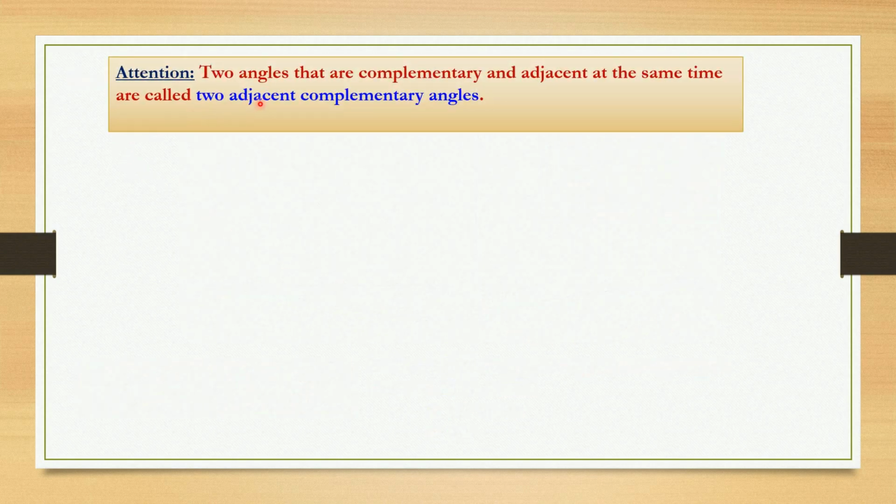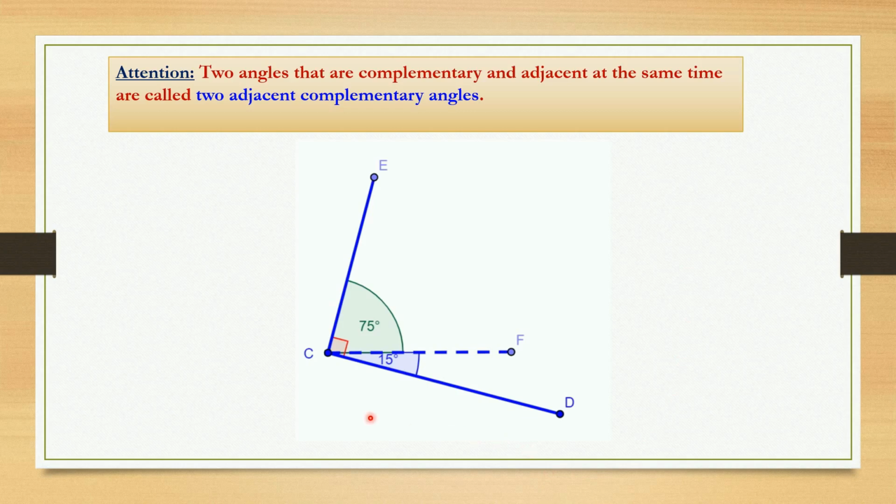Attention! Two angles that are complementary and adjacent at the same time are called two adjacent complementary angles. Example: in this figure, angles DCF and FCE are both complementary angles because if I add their measures, 15 degrees plus 75 degrees equals 90 degrees.